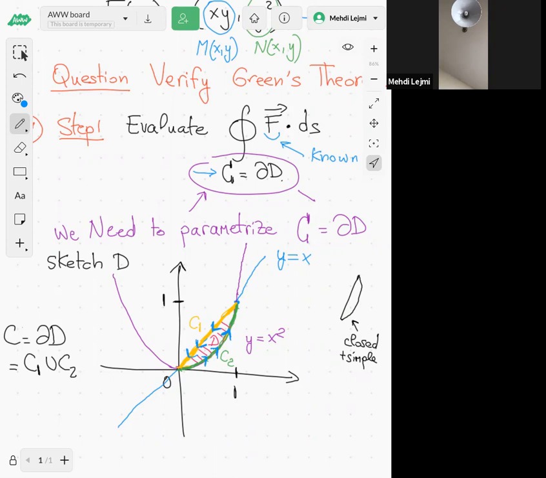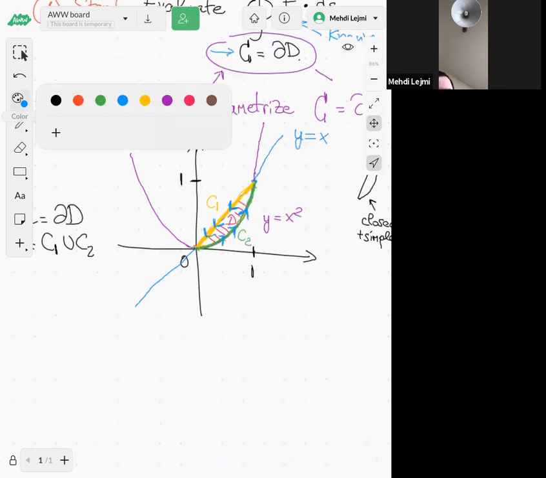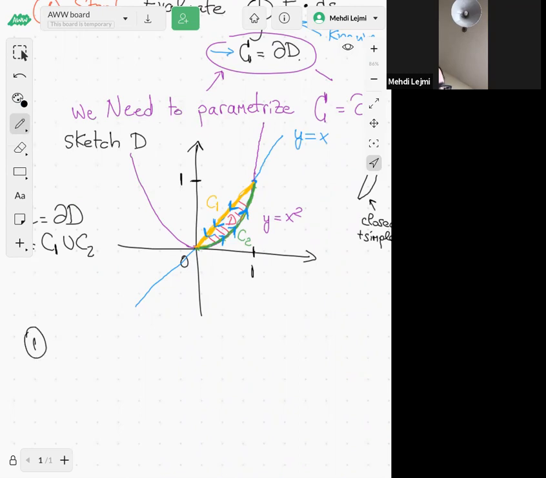First, you need to parameterize. Let's parameterize C1, then parameterize C2, and then compute the vector line integral. For C1, you have to be careful with your orientation.